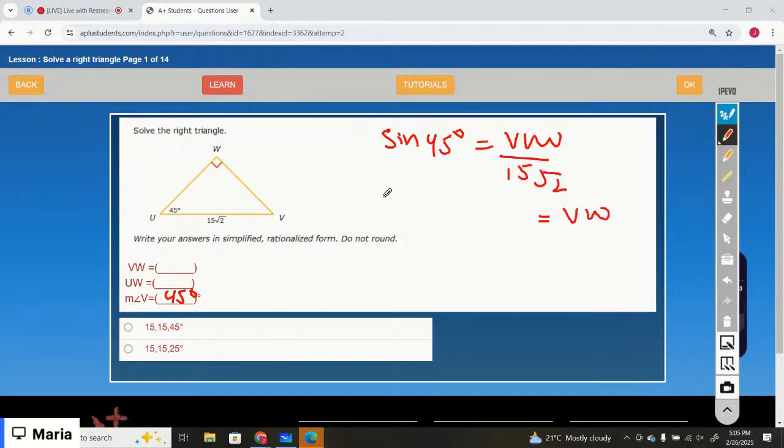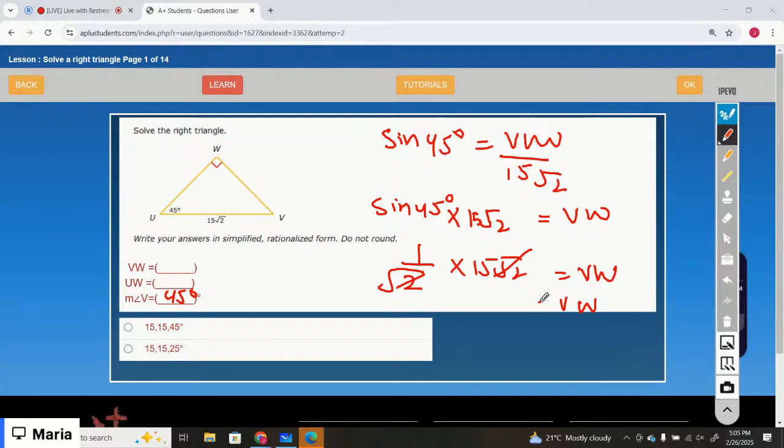So VW equals sine 45 times 15 square root 2. Sine 45 is equal to 1 divided by square root 2, times 15 square root 2. The square root 2s cancel out. So VW equals 15.